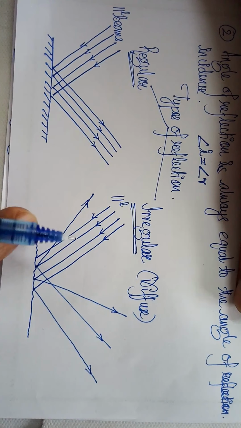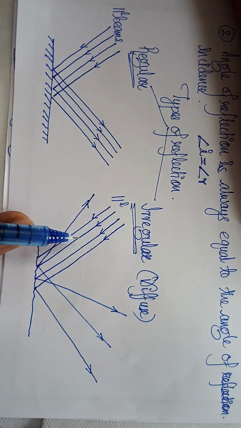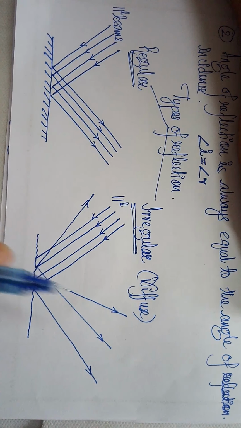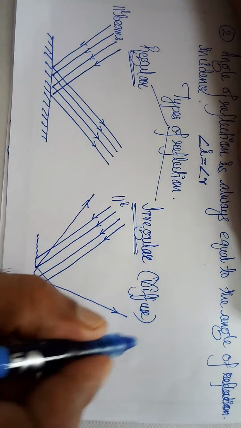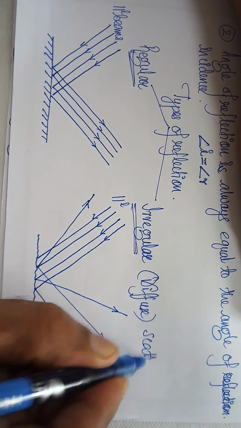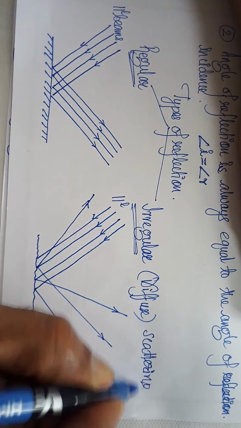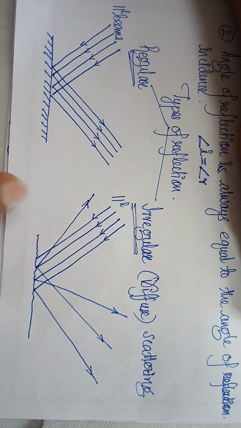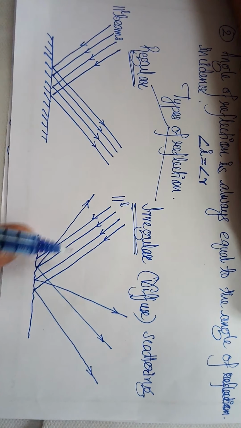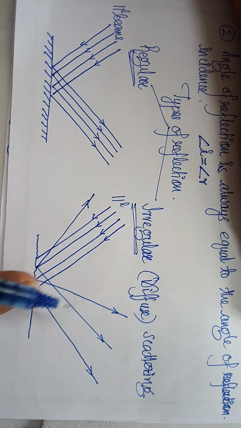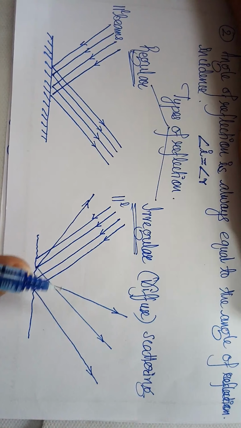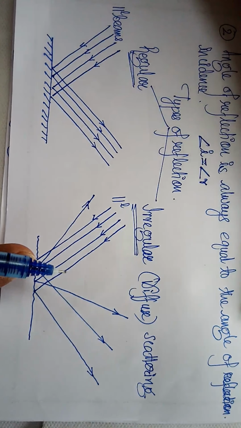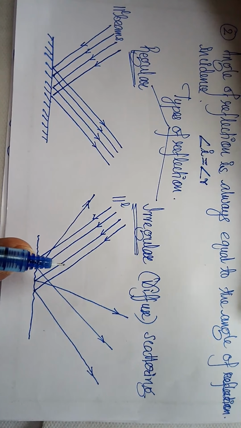The diffuse reflection is also known as irregular reflection or scattering. The diffused reflection of light takes place from rough surfaces like paper, cardboard, table, chair, walls, or the other items we are seeing, and even unpolished metal objects.